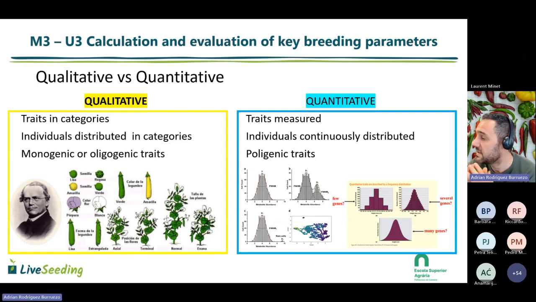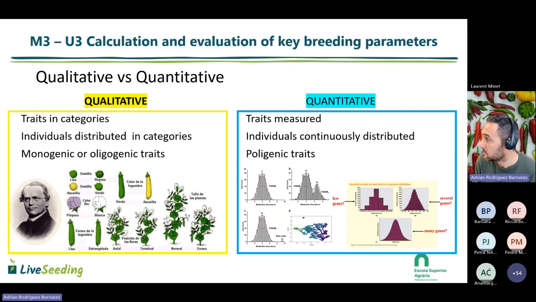In these traits, the individuals of a segregating population are not distributed in clear categories. On the contrary, they appear distributed continuously. For instance, quantitative traits like yield. Yield is measured in terms of kilograms or grams per plant, or in an agronomic approach, kilograms per square meter or tons per hectare.